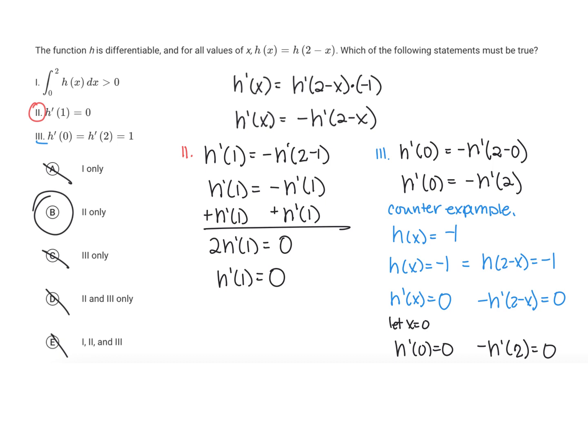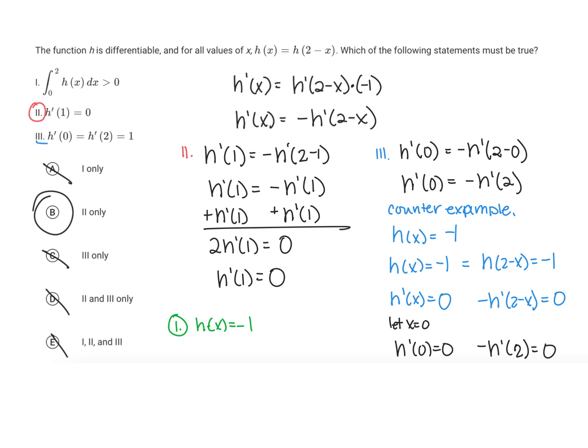Now, if I use that same idea that h of x was negative 1, it would prove that condition 2 still works. Our goal was to show that h prime of 1 equals 0, and in that case it would in fact equal 0 if it was a constant function. Okay, so now let's look at condition 1 and why that one doesn't work. I'm going to let h of x equal negative 1.